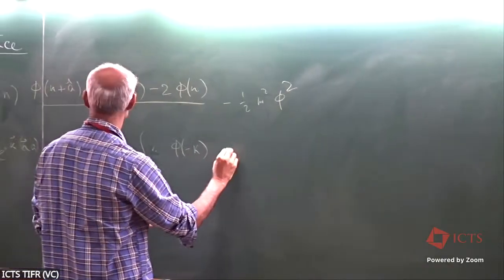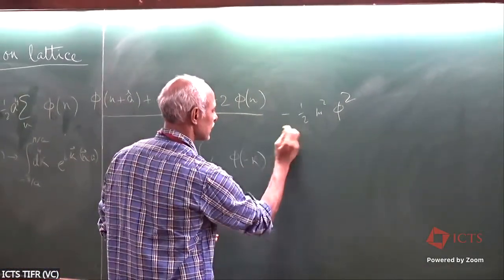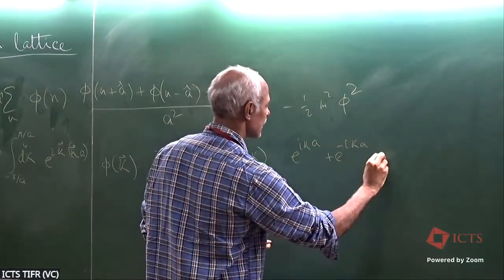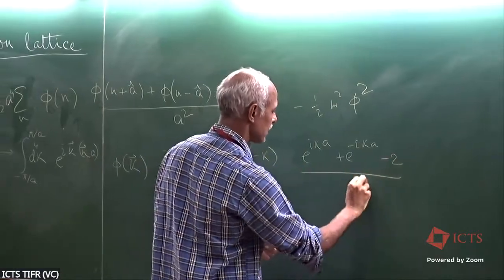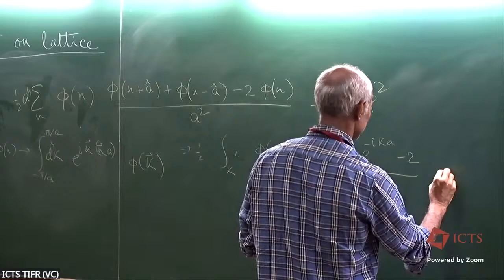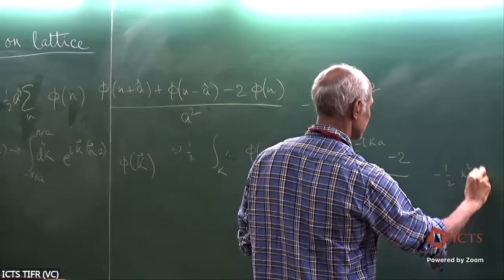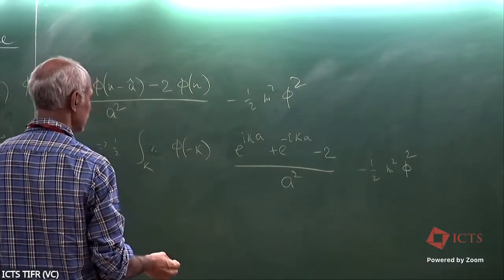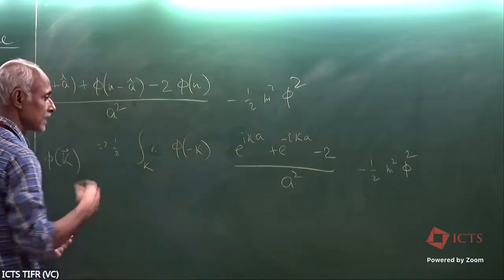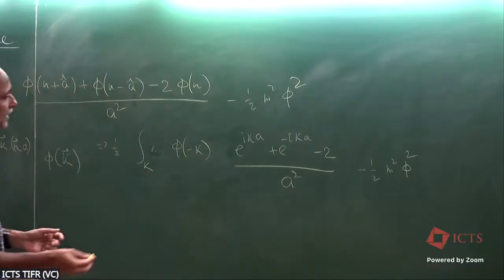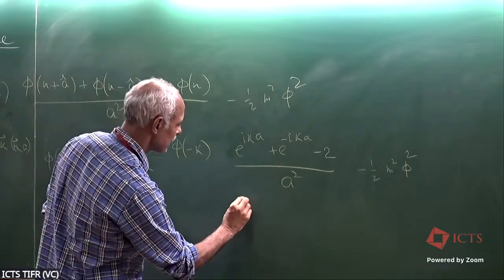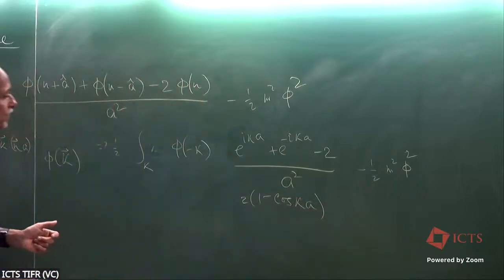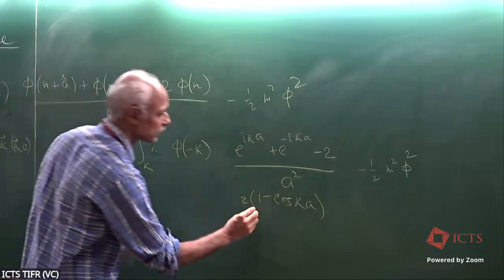Okay. Yeah, that's right. Okay, and this, of course, you can write as 2 into 1 minus cos Ka. Okay, this by A square.